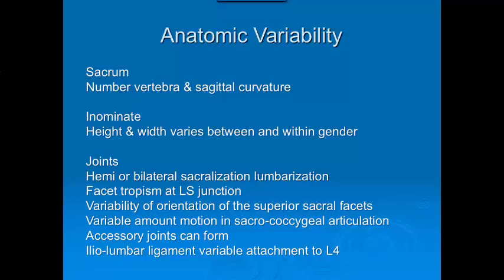At the lumbosacral junction, wherever it may occur, there is commonly facet tropism, meaning the facets are of asymmetric orientation, and their orientation in general is highly variable. Also, the amount of motion available at the sacrococcygeal articulation is variable.